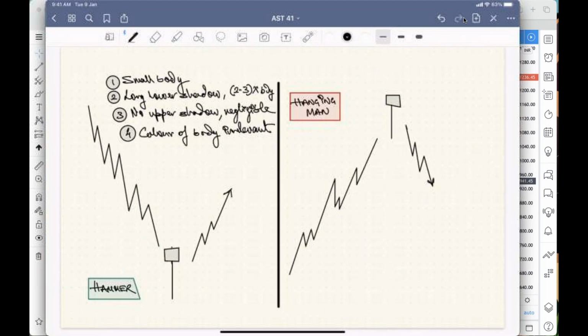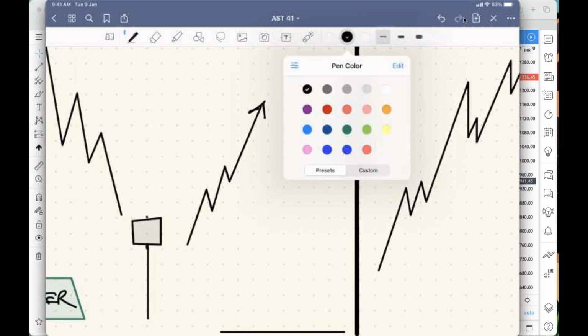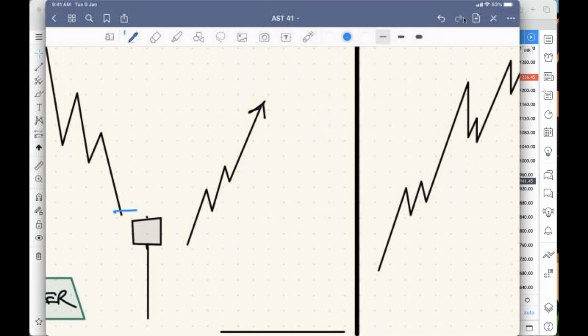So the rule to enter a hammer, I would say, wait for the high of the hammer to be breached, a little above the high. Once a little above the high of the hammer is breached, this is where you can look to buy, take a trade, and use the stop loss a little below the low of the hammer.